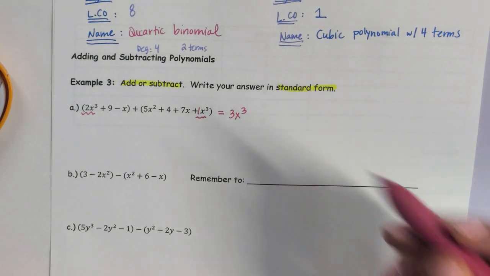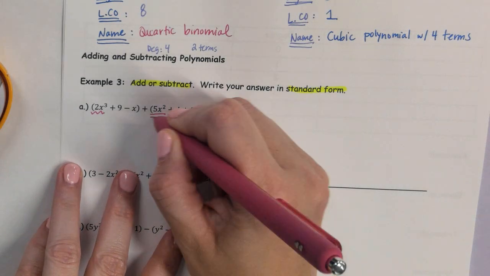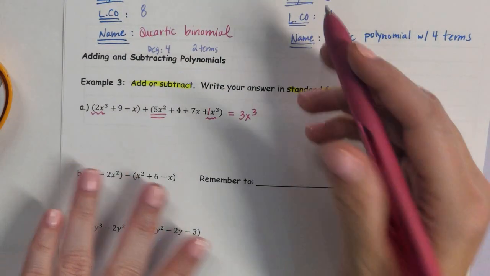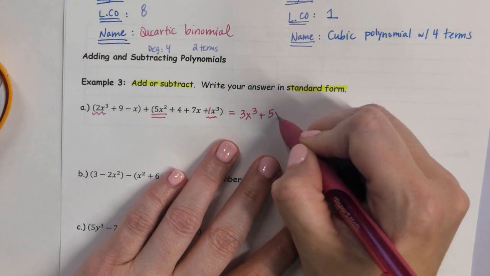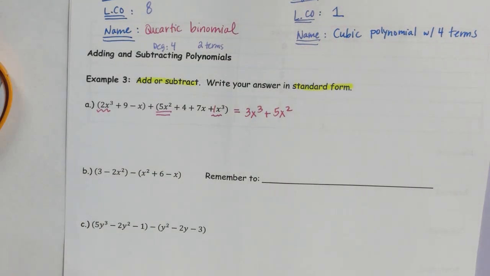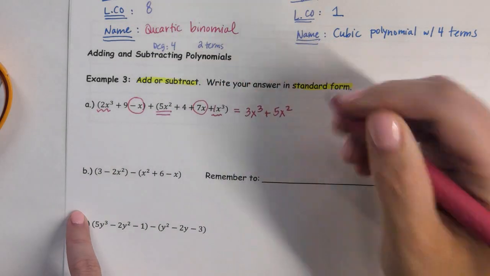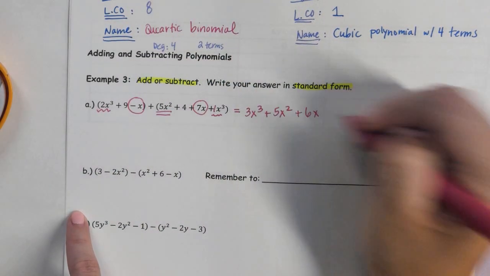After the x cubed, I'm going to look for the x squareds. I only have one of them, which is the 5x squared, so that goes next. I like doing them one by one like this. If you like underlining them all and then adding them together, that's fine too. Then negative x and 7x is going to make 6x.